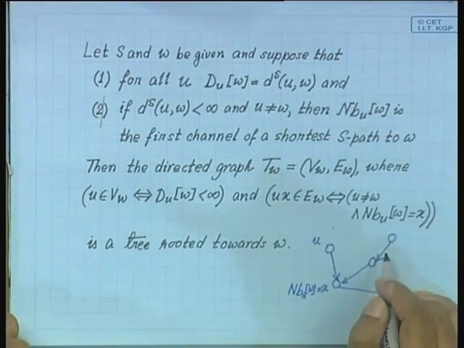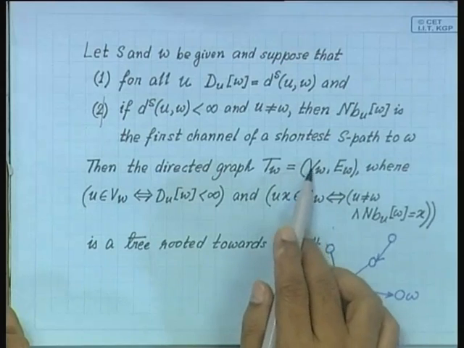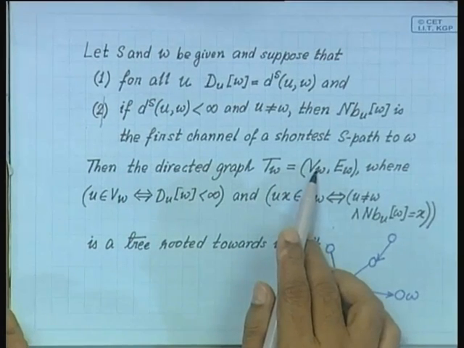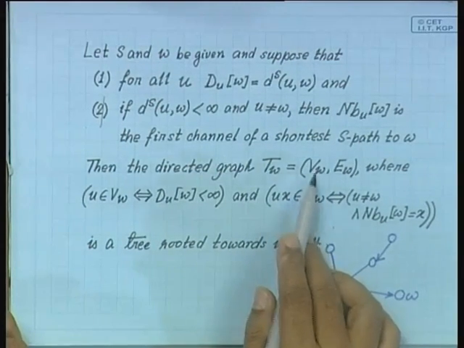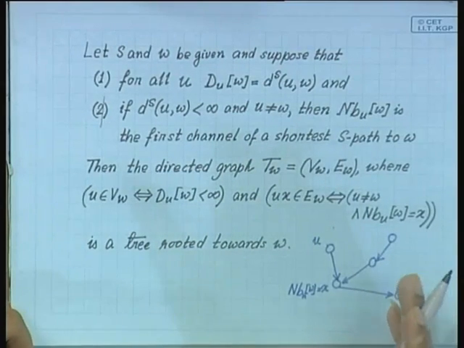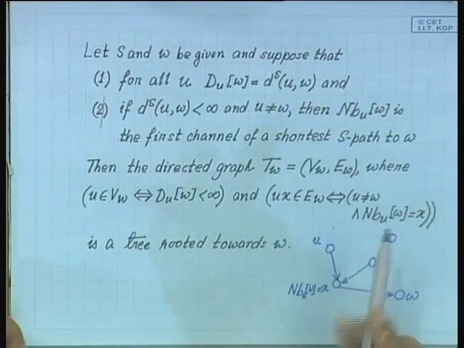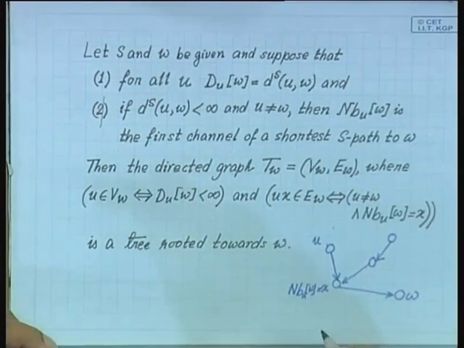So, how many edges are there? If there are n vertices in this, then there are n minus 1, because for W there is no edge coming out of W, right. So, there are n minus 1 edges, right.